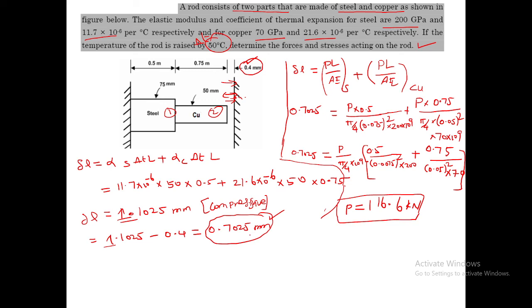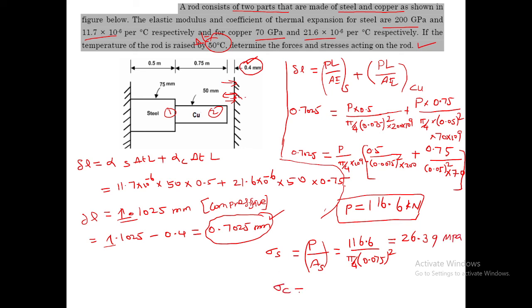Then to find the stress of steel and the stress of copper: sigma of steel is P divided by the area of steel, equal to 116.6 divided by (π/4) times 0.075 squared, equal to 26.39 megapascal.